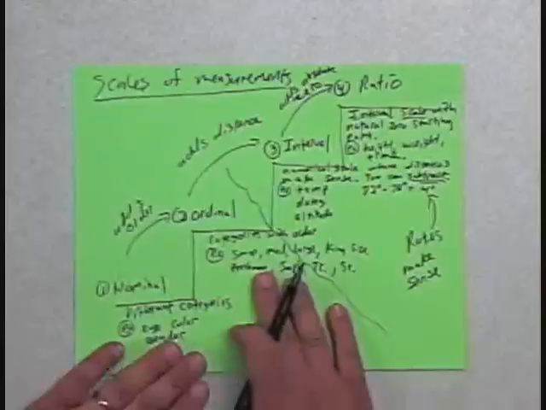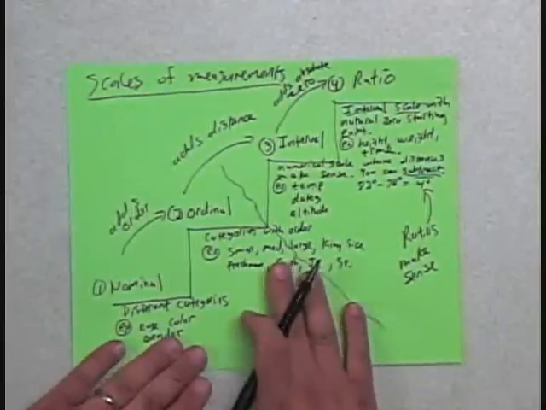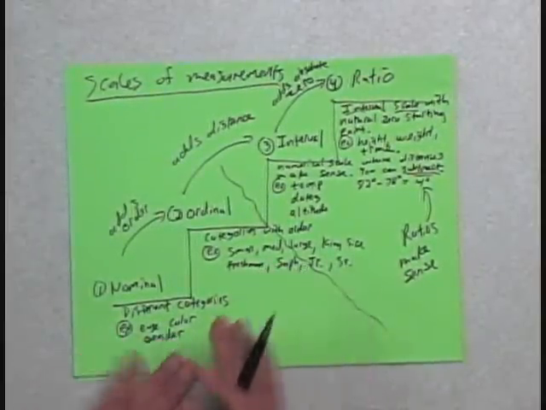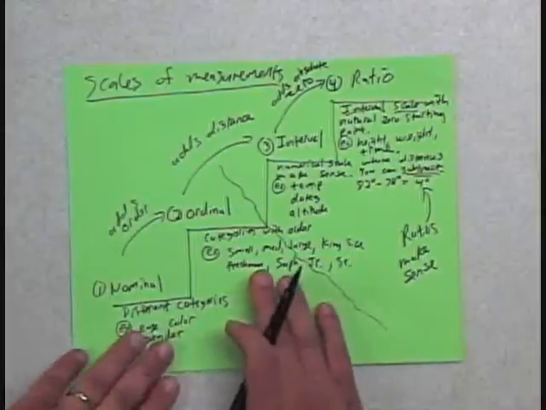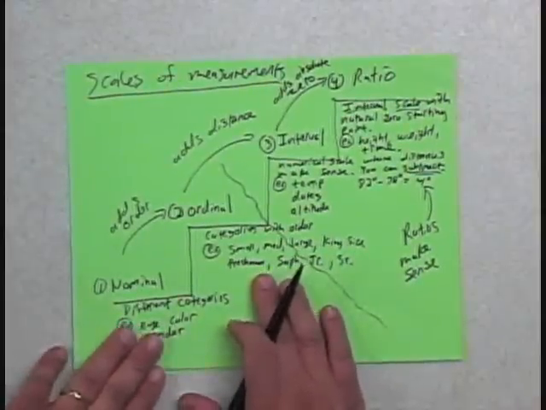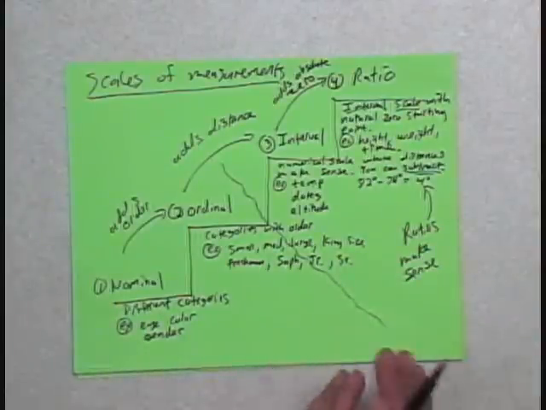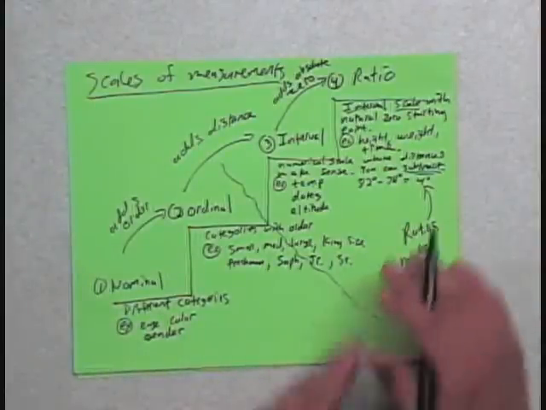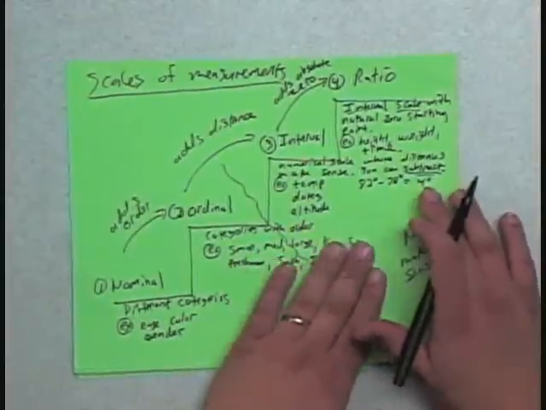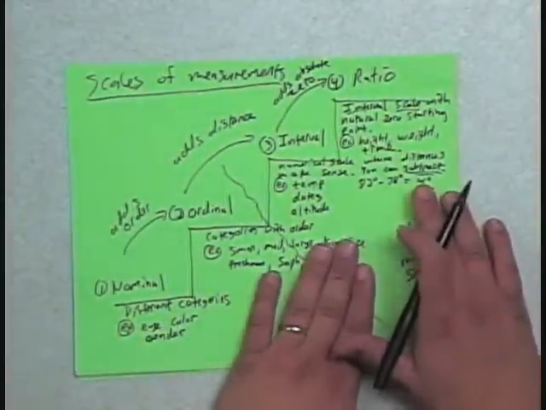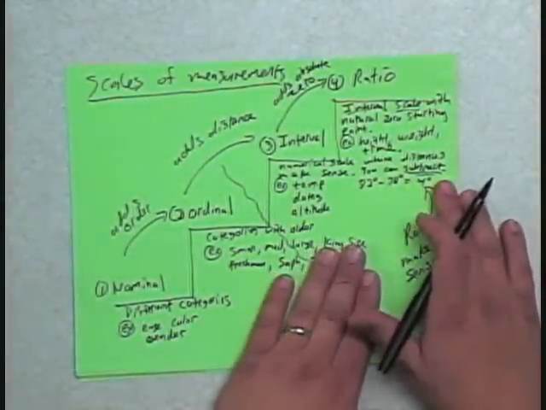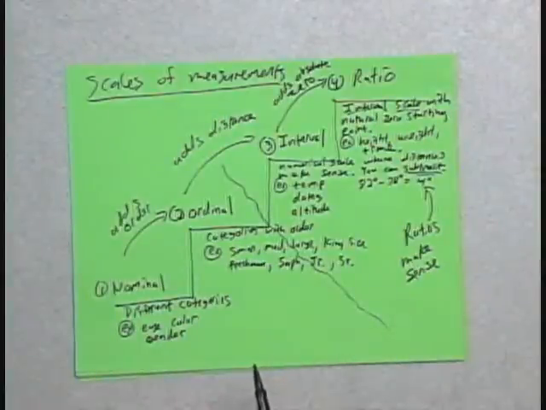Interval and ratio are numerical variables, on a number scale, and the difference between these two is either they have a natural zero starting point or they don't. And you decide which one it is based upon that.